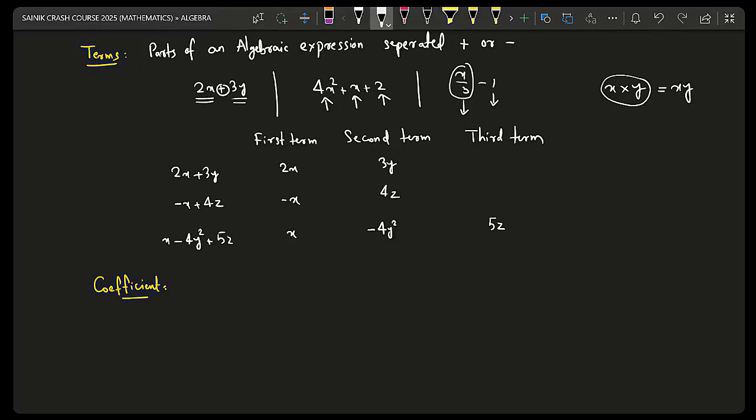Let's consider any term, like suppose I am considering 5x square. What is the coefficient of the variable part x square? It is 5. So in this 5x square we call 5 the coefficient of x square. Whatever multiplier is there for the variable part, that is called the coefficient.